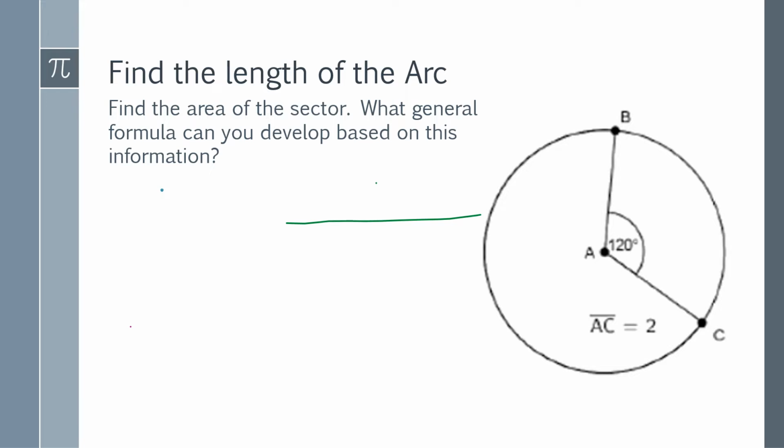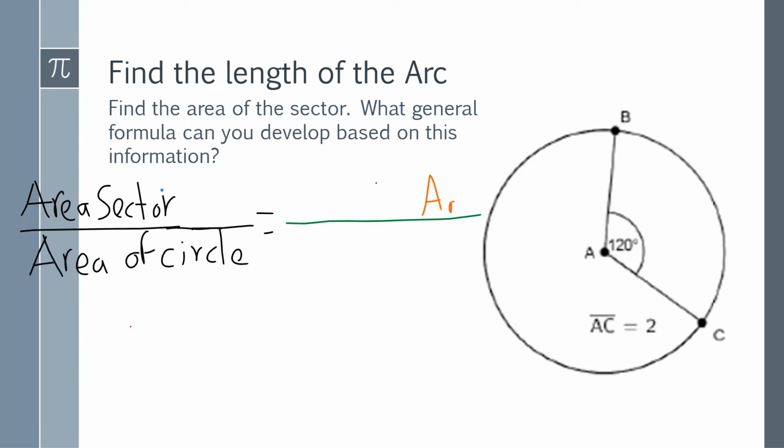All right, boys and girls, let's find the area of the sector. What general formula can you develop based on the information? Take a moment to think about that. As I told you about one of the things that we have to get into, we gotta set this up like a proportion. So there we are.